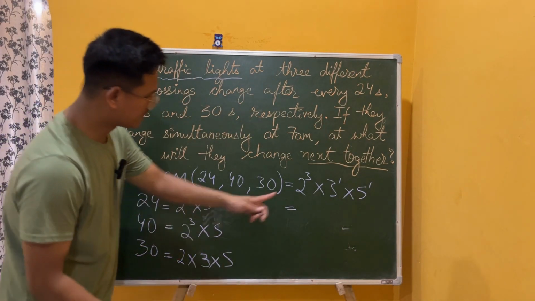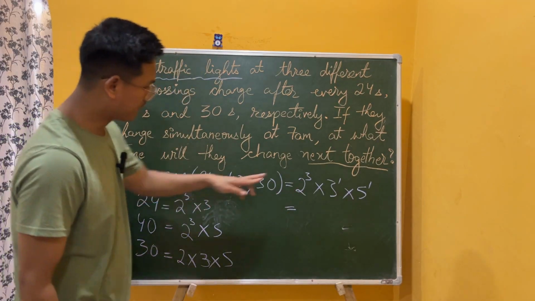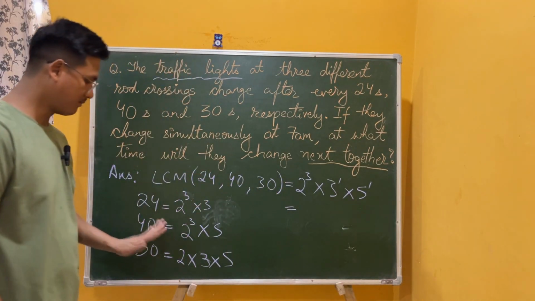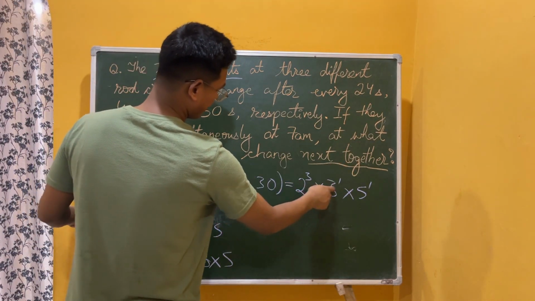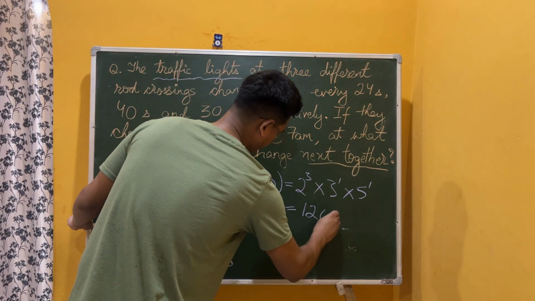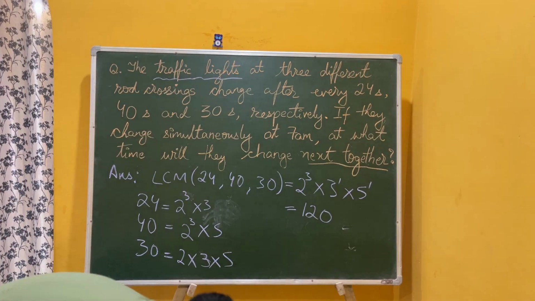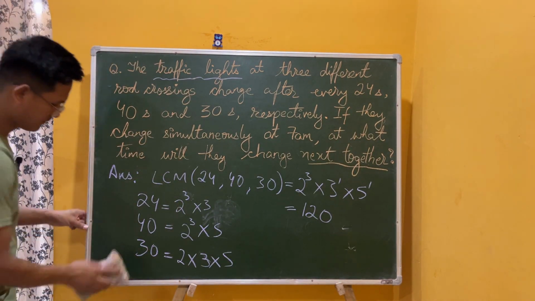So it is the product of the highest powers of each prime factor involved in the numbers. So if you multiply these numbers, this is 8, 3 5 is 15, so 8 into 15 is 120. So 120 is the LCM of 24, 40 and 30.